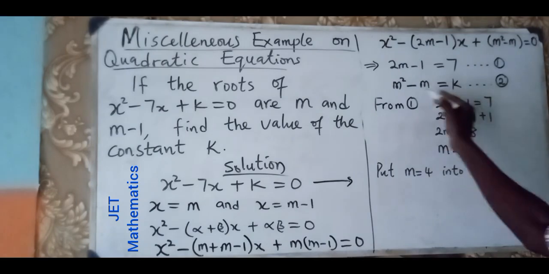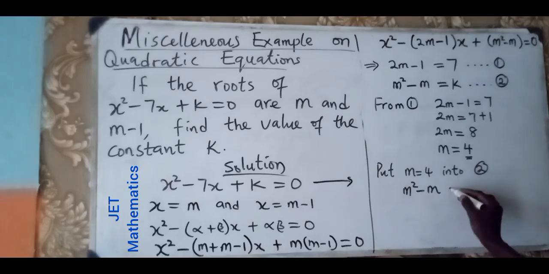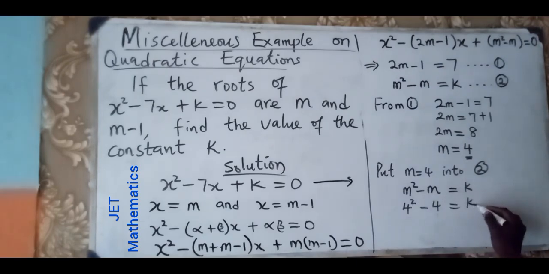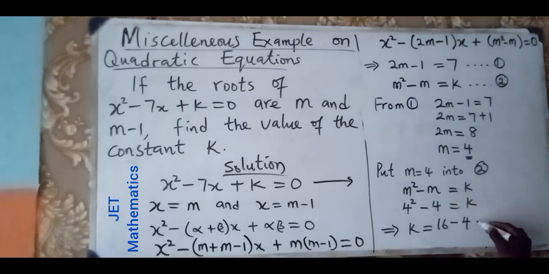So equation 2 is m squared minus m equals k. So this is 4 squared minus 4 equals k. And that implies that k is equal to 4 squared, which is 16, minus 4, and that's equal to 12. So that is our value for k.